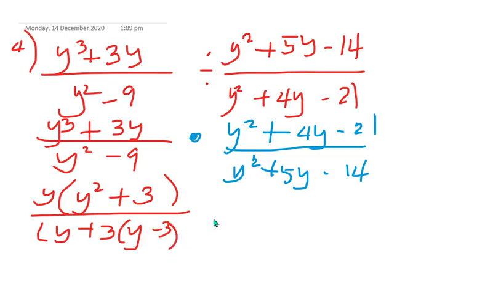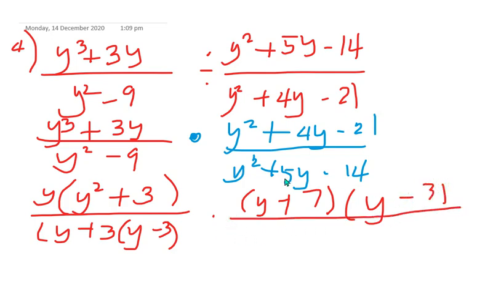Then we factor this one, so the factor is y plus 7 times y minus 3 over, again factor, this is 5, we have 7 and 2, so y plus 7, then since this is negative, y minus 2.